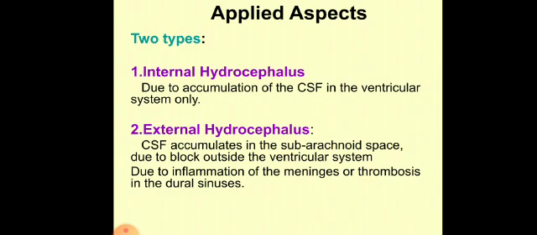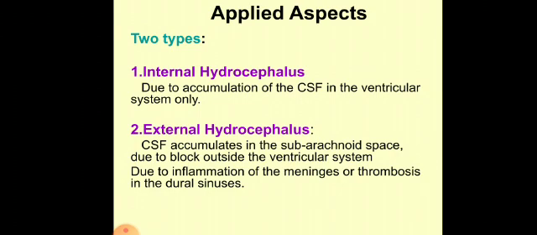Now what do you mean by external hydrocephalus? Here the CSF accumulates in the subarachnoid space. It can be due to a block outside the ventricular system, which is caused by inflammation of the meninges, or thrombosis in the dural sinuses, or a block in the arachnoid villi.